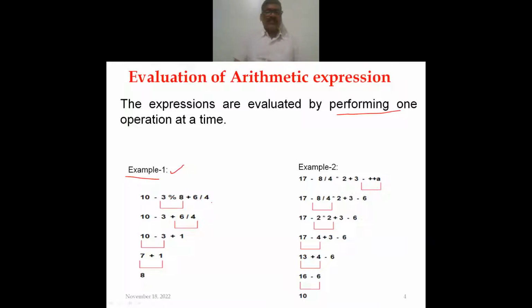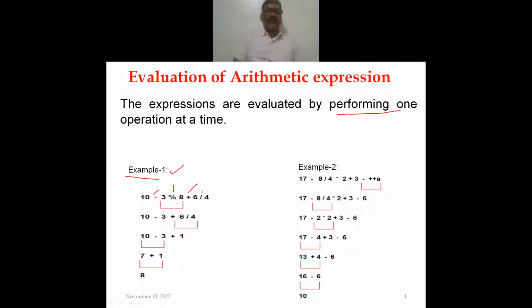All are arithmetic operators. Among them, slash and percent have higher priority compared with minus and plus. Slash and percent have equal priority, and similarly plus and minus have equal priority.